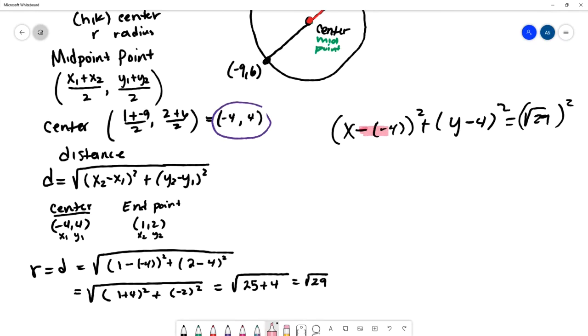I'm going to simplify this double negative, and I'll simplify the square root of the square. So this is (x + 4)^2, negative times negative is a positive, times (y - 4)^2. And the square root and the square cancel each other out, giving you 29.